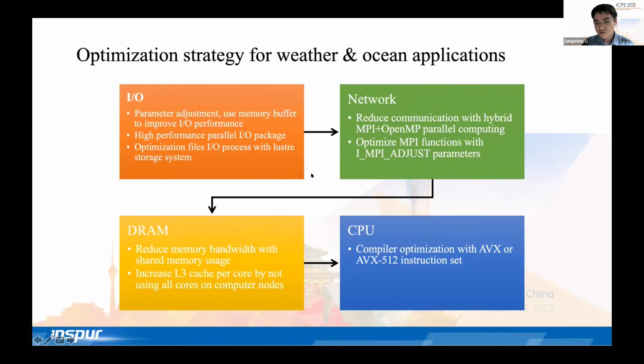But it's really true that when we optimize the memory bandwidth, the network performance may change. So we are still working on how to improve the optimization methodology, and it's really a shortcoming of our method. I think it is a good question, and we are working on it.